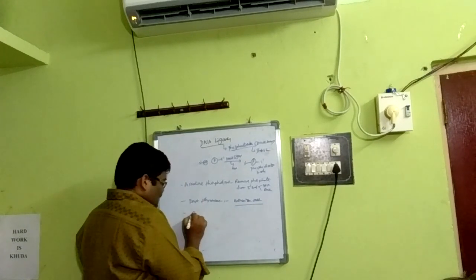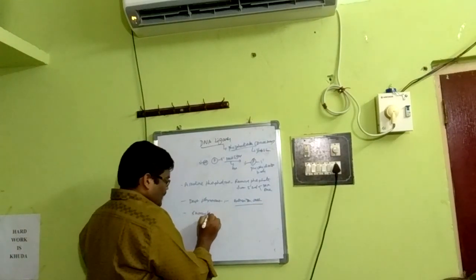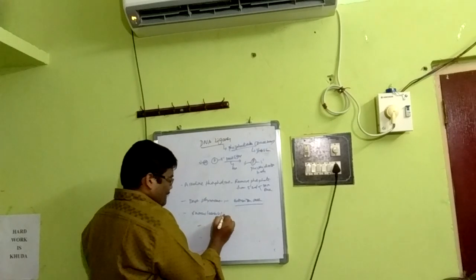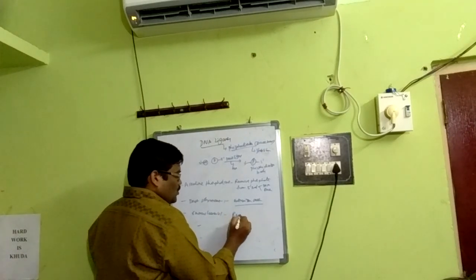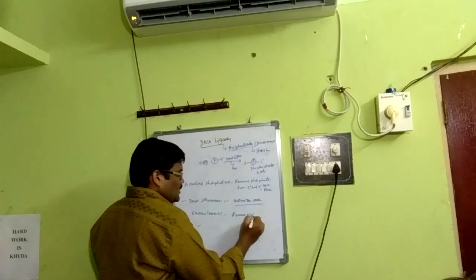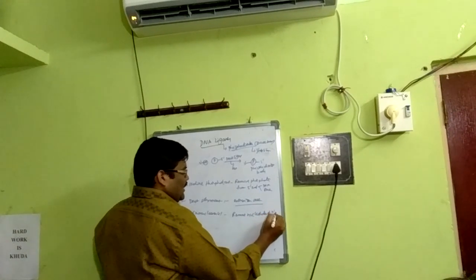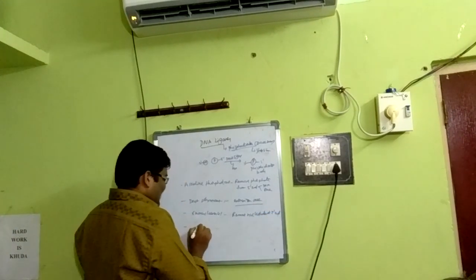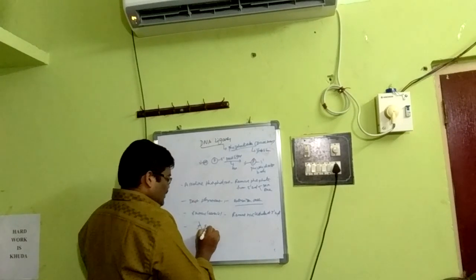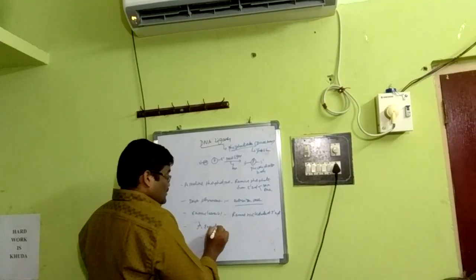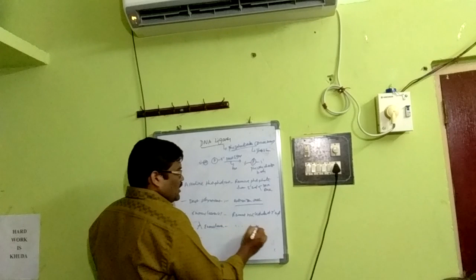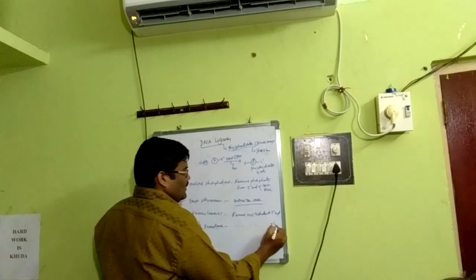Then we have exonuclease III, which removes nucleotides at the 3 prime end, and lambda exonuclease, which removes nucleotides at the 5 prime end.